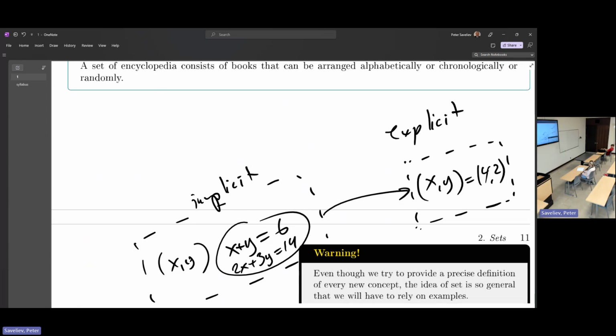That's explicit. You realize it's the same set, right? On the left it is given with these conditions, restrictions to be satisfied, and on the right it is literally a list of one element. One point in the whole plane satisfies these two conditions.